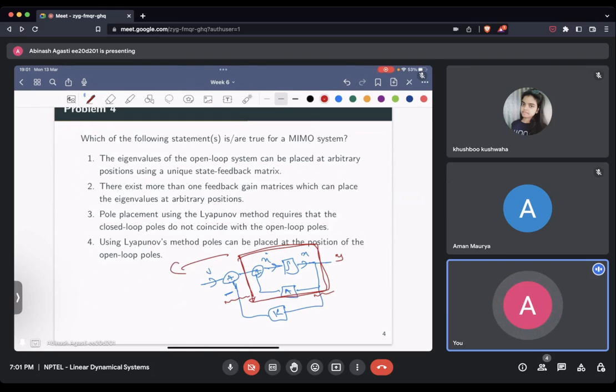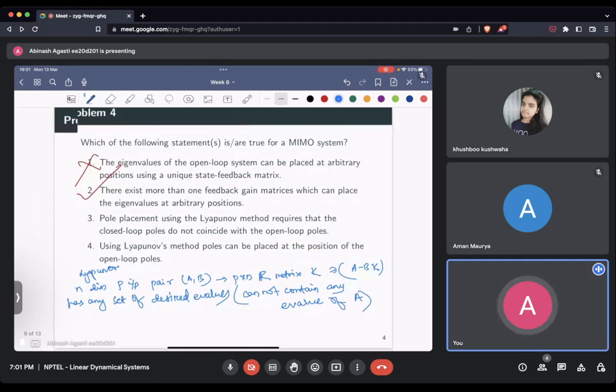And what is this system given by? x dot equal to Ax. So the open loop poles correspond to the eigenvalues of the A matrix, while the closed loop corresponds to the eigenvalues of A minus BK. So pole placement, and what did we discuss here for the Lyapunov method?